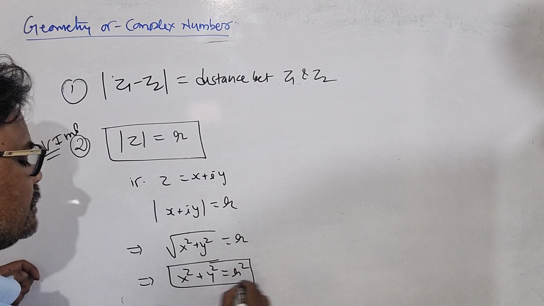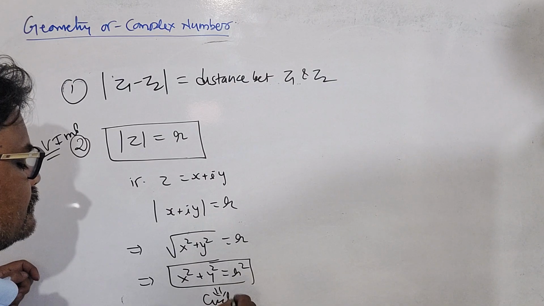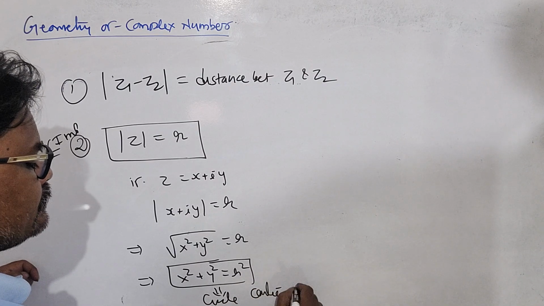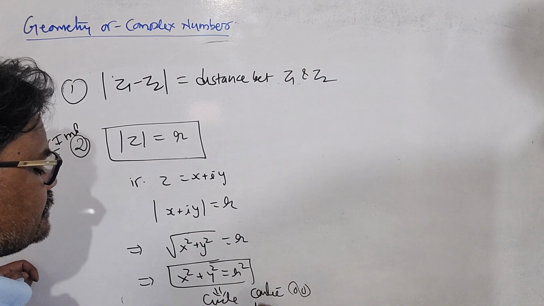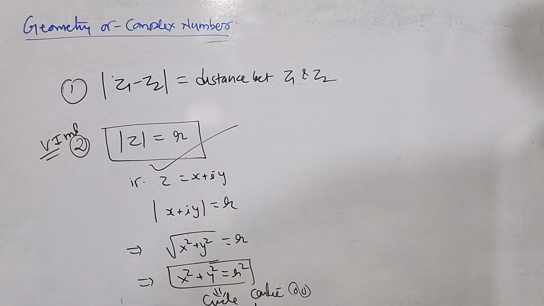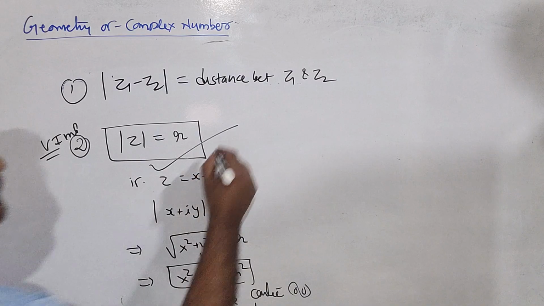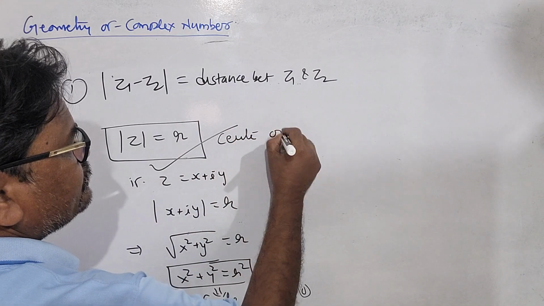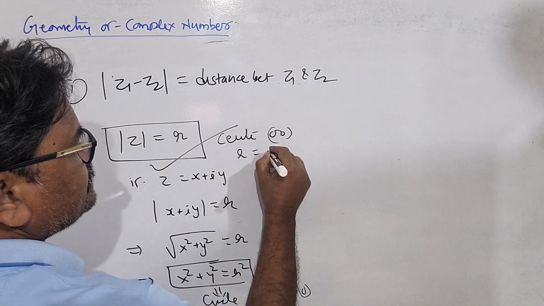So in coordinate geometry this represents a circle. Center is 0 comma 0, radius is r. So you can see that this represents a circle with center at 0 comma 0, radius r.